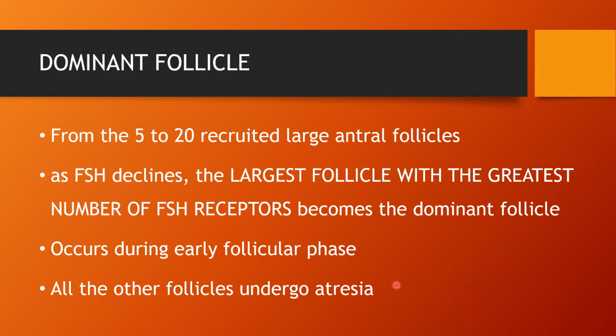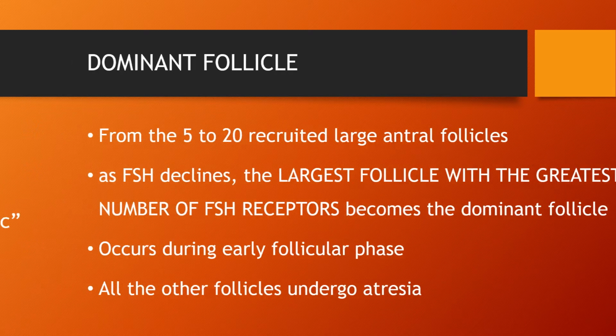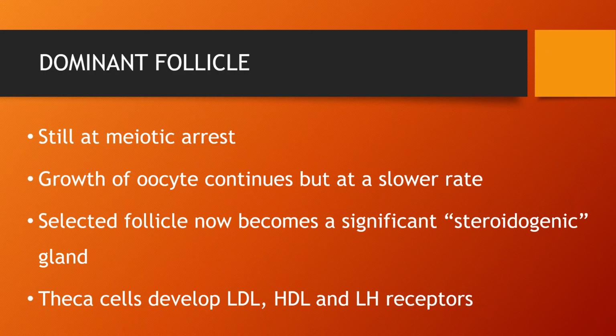And after this, all the other follicles that were recruited will undergo atresia. So the dominant follicle will still be in meiotic arrest. Now, the growth of the oocyte will continue, but at a very slow rate.